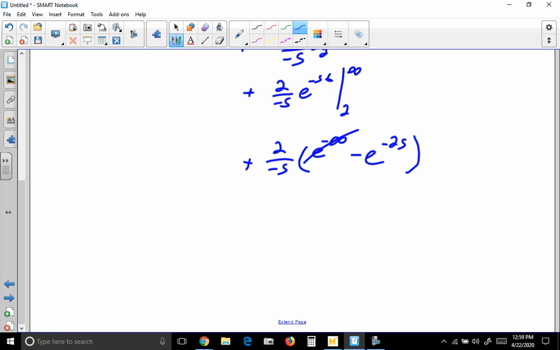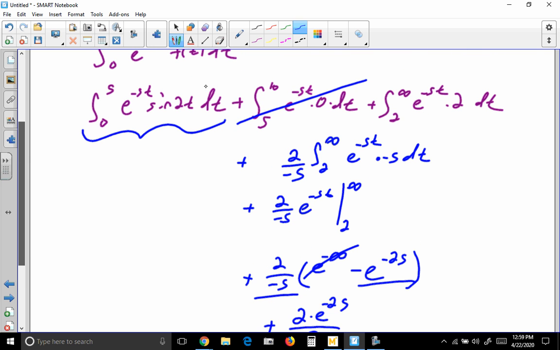That goes to 0. We can combine these two negatives, that will make a positive. So we end up with 2 times e to the negative 10s over s, or we can move that down as e to the 10s on the bottom. So if that's gone, we're left with that times that. So 2 on top, s on bottom, the negatives cancel.